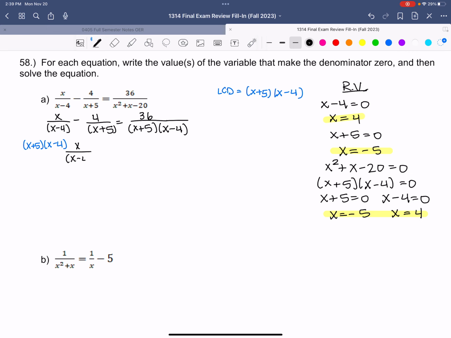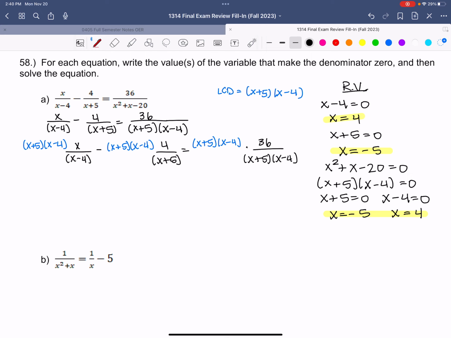And then we have minus x plus 5 times x minus 4 times 4 over x plus 5 equals, and of course, whatever you do to one side of the equal sign, you have to do to the other side. So x plus 5 times x minus 4 times the 36 over x plus 5 times x minus 4.